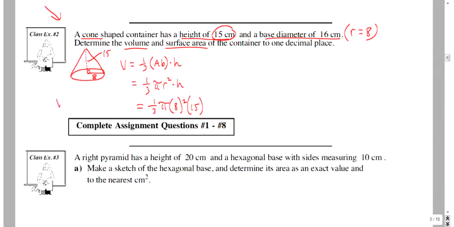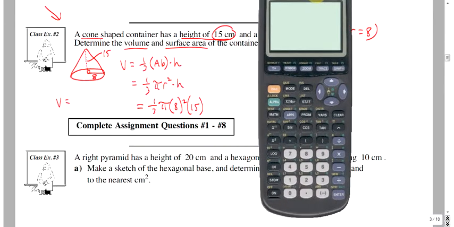Okay, so let me write it over here because I might need some room for surface area. So the volume is, what's 1/3? How do you put that in your calculator? This is worth showing you again. How do you put 1/3 in your calculator? One divided by 3. There's a third. What's that as a decimal?